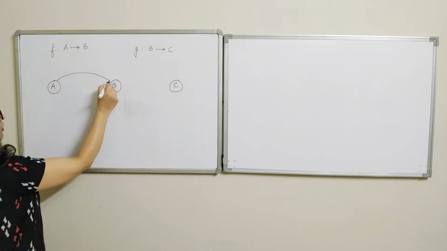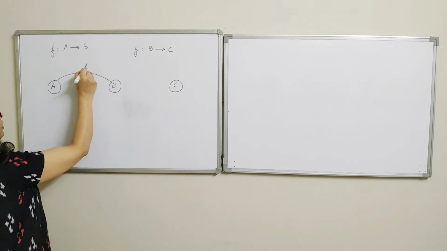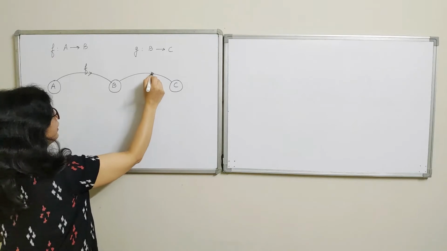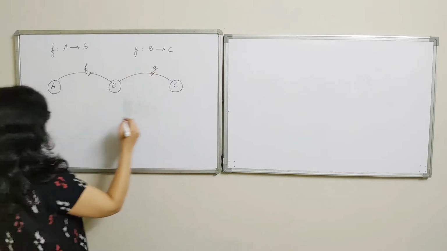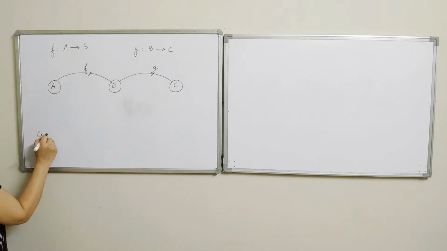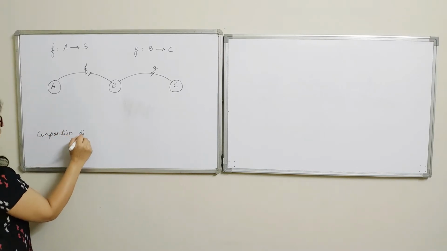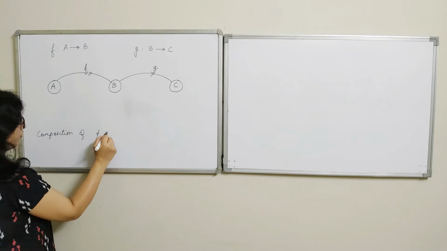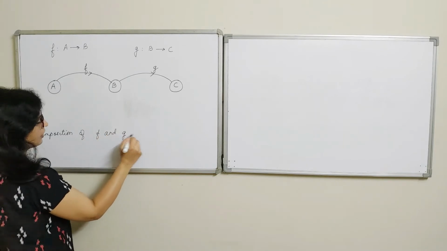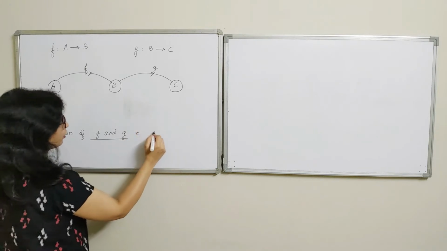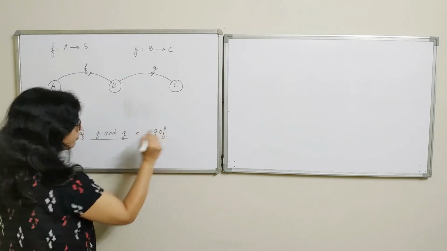So the function f is defined from set A to set B, and the function g is defined from B to C. So here the composition of f and g is denoted by this.